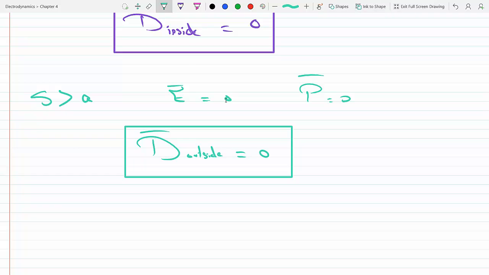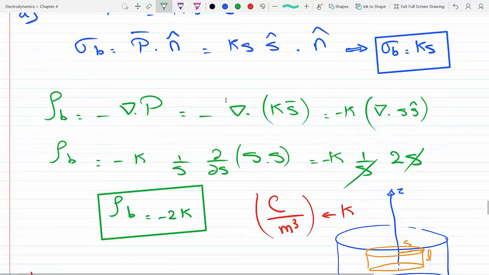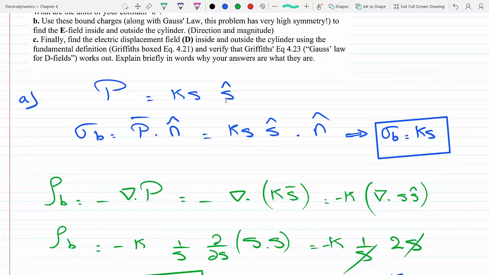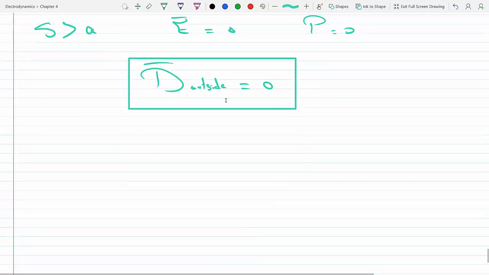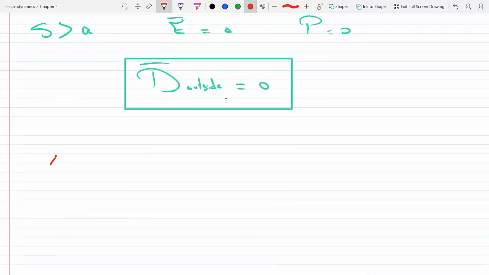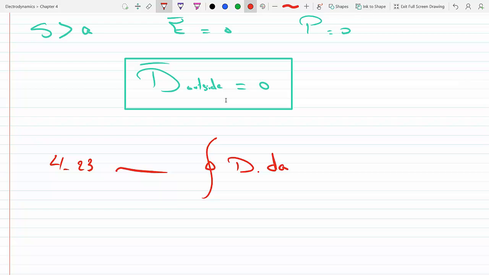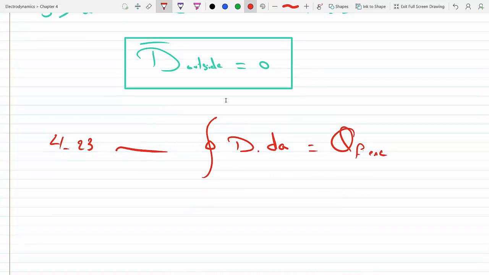Okay, and then it says verify Griffith's equation 4.23, Gauss's law for the D field. Equation 4.23 says that the closed integral of D dot dA is equal to Q F enclosed, free charge enclosed. So what's the free charge enclosed?